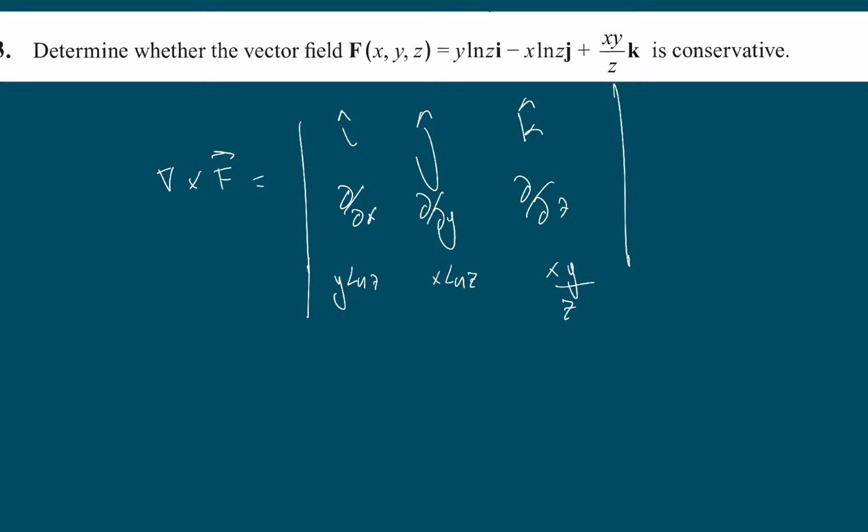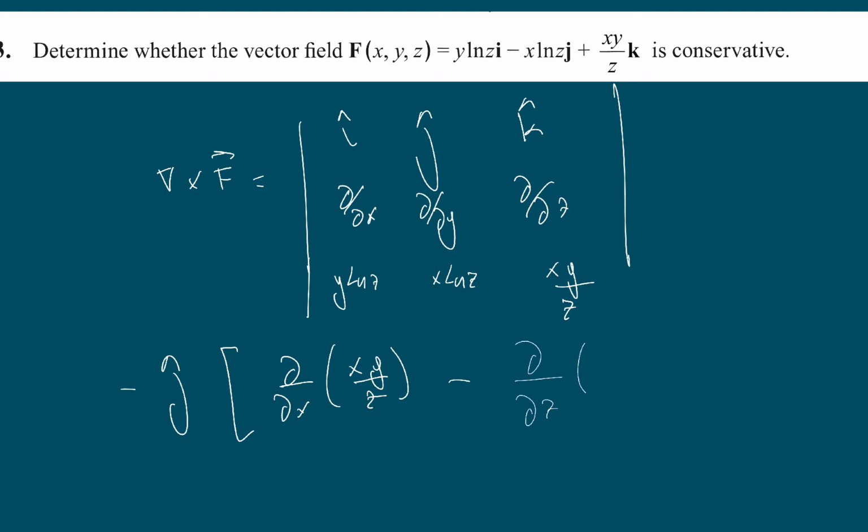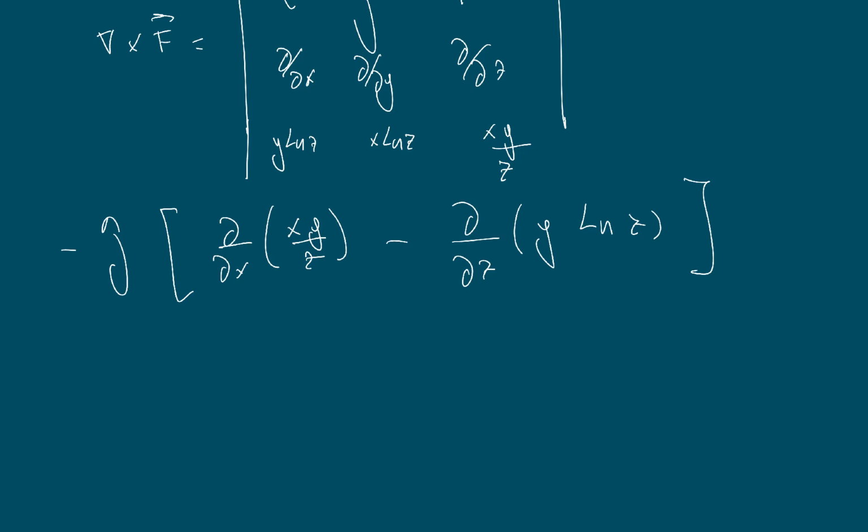So let's go to calculate the j component. The j component will be the derivative with respect to x of xy divided by z minus the partial derivative with respect to z of y natural log of z. Will it be 0 or not?